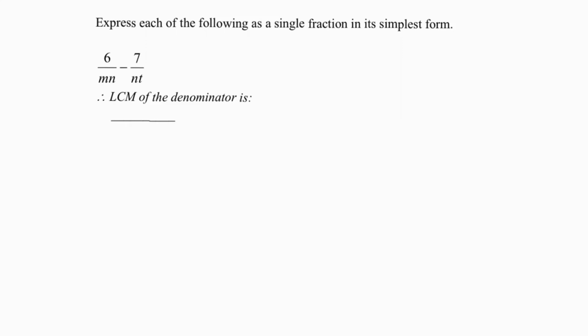Hello everyone, welcome to this video where we are required to express as a single fraction in its simplest form. So the very first thing is that we do need to look at the LCM because we intend to make them the same denominator. So in this case here, I see a mn and mnt.